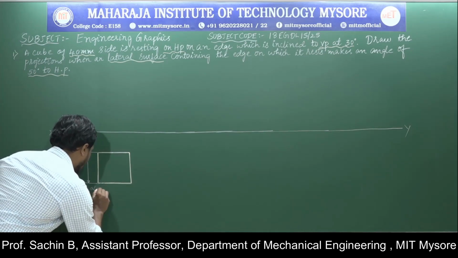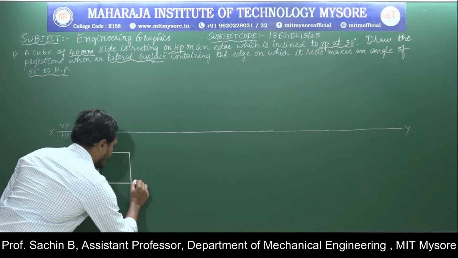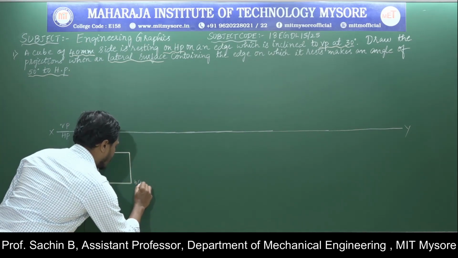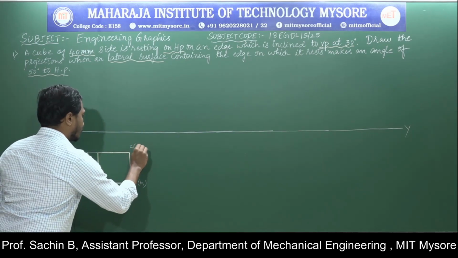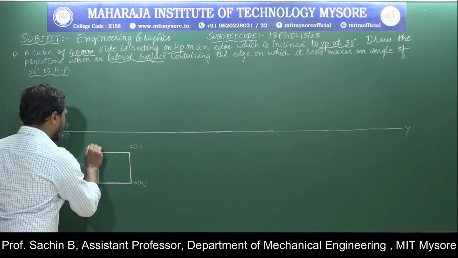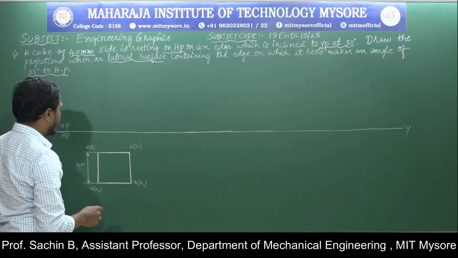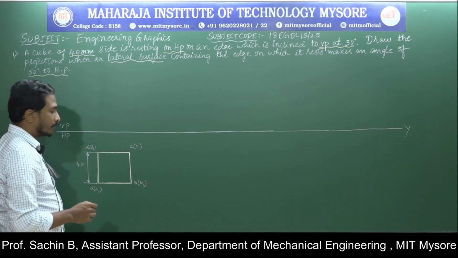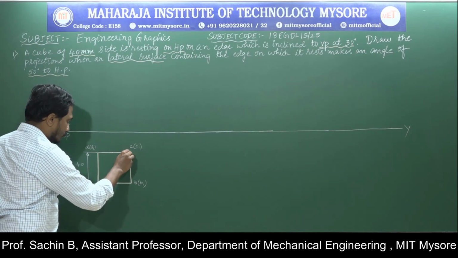A is at the top corner, A1 at the bottom corner, B is at the top face corner, C again at the top face corner, C1 at the bottom corner, D for the top face corner, and D1 for the bottom face corner.